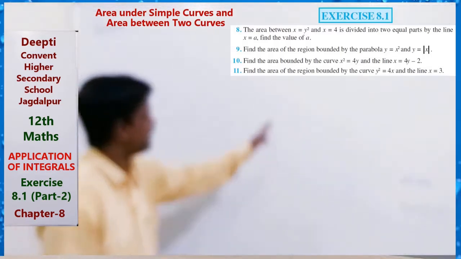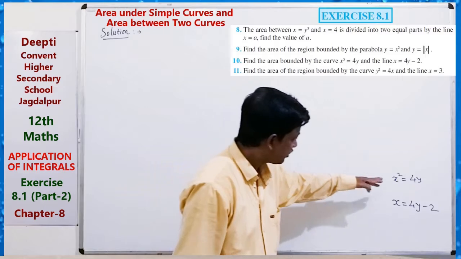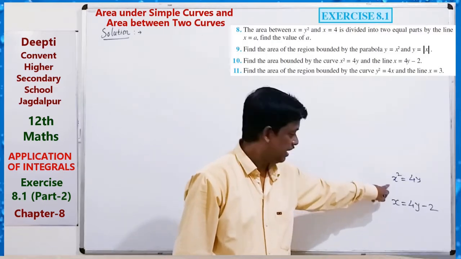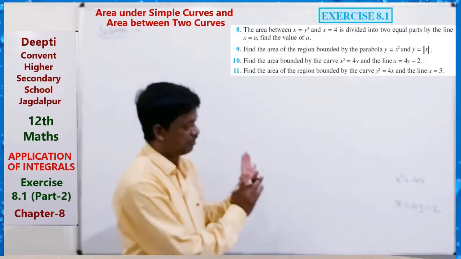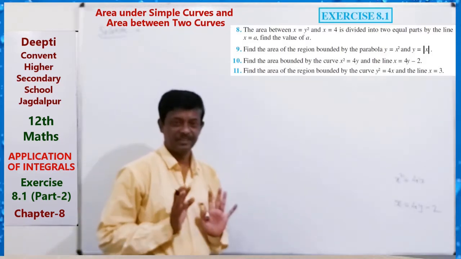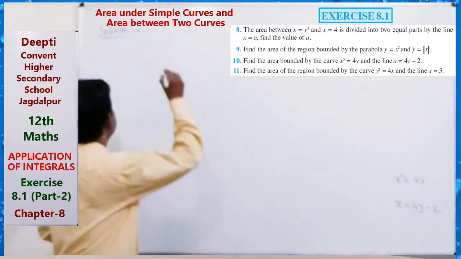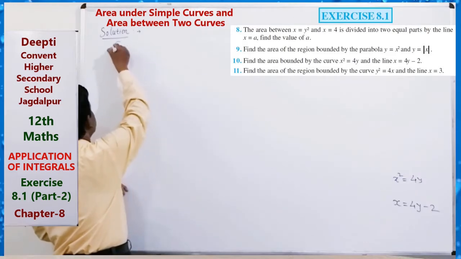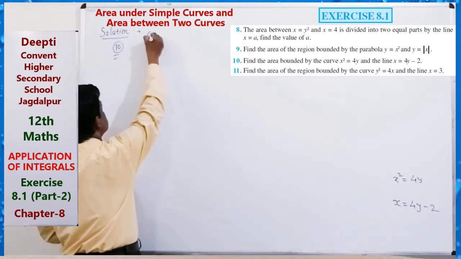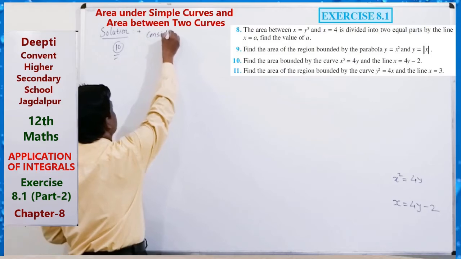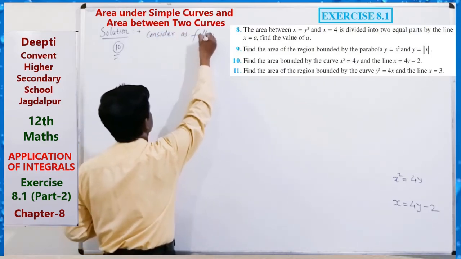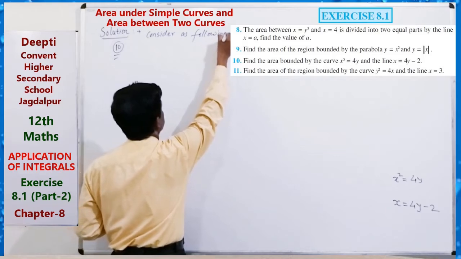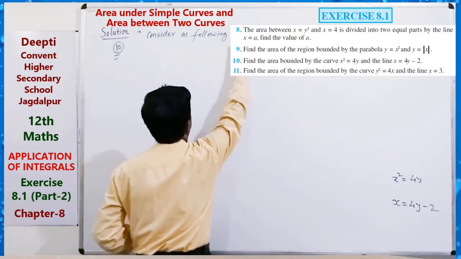Okay, so here this is parabola and this is line. Area bounded by these two we have to find. So first of all, main thing is consider the following diagram.